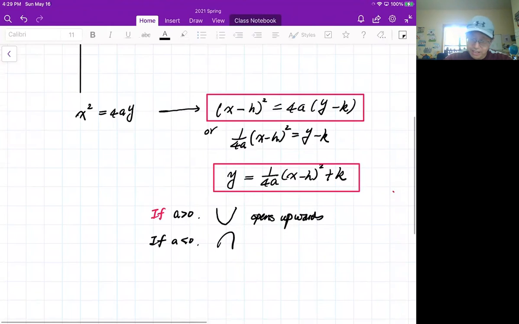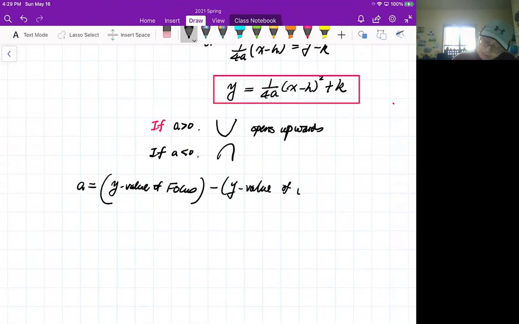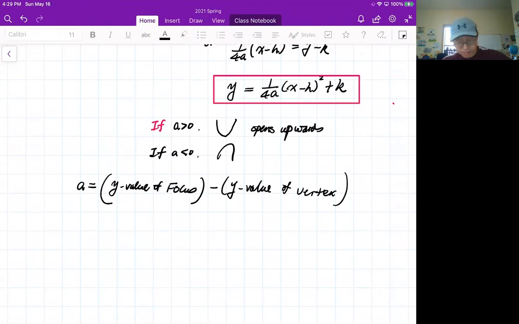So a is actually the y value of the focus minus the y value of the vertex. That's how you compute a here. All right, is that okay?